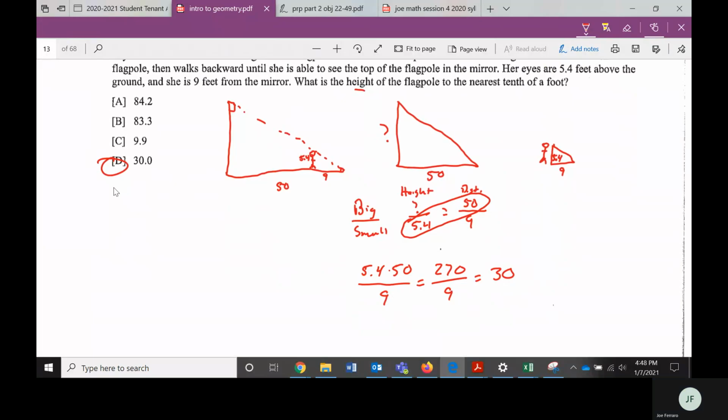Okay. So again, as you're doing this, I'm going too fast, pause it, copy things down. Okay. So the biggest thing there is kind of drawing that picture, understanding what's going on. And then setting it up here, big triangle, small triangle, and make sure you match up the right height and the bottom distance. Okay. That's probably that could be the hardest problem in this whole thing.